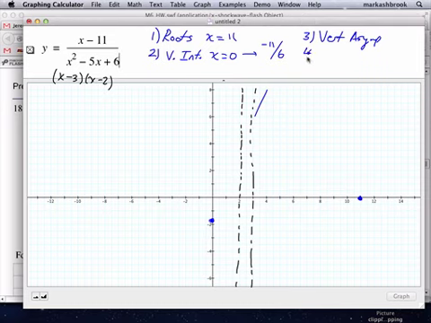End behavior: we look at the leading term in the numerator and the leading term in the denominator. That gives us x over x squared, which is basically, so what are we saying? As x gets very, very large, positive or negative, this whole thing will behave just like 1 over x. It'll get closer and closer to 1 over x.